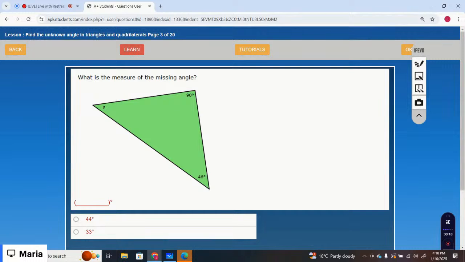What is the measure of the missing angle, which is the correct option? Which is the correct option? That is 44 degrees. Option number 1 is the correct option.